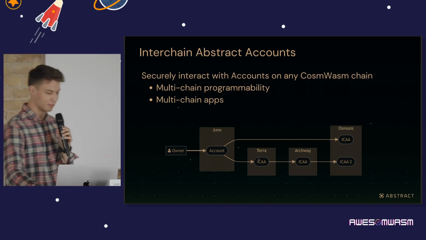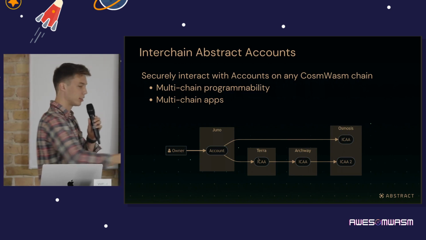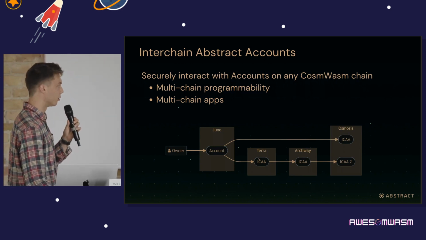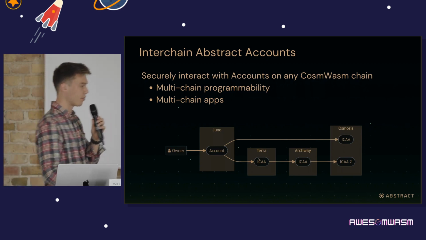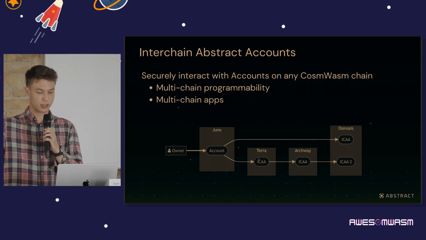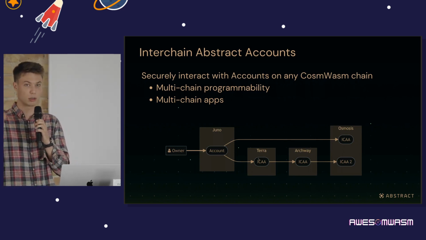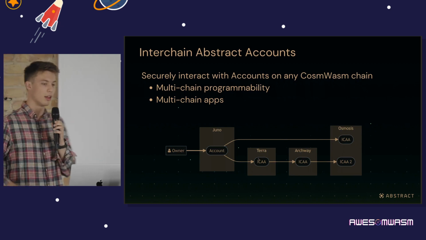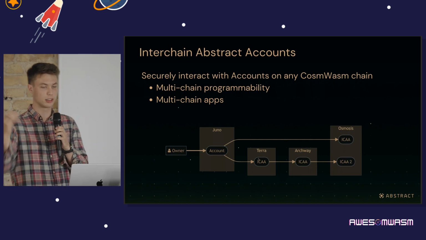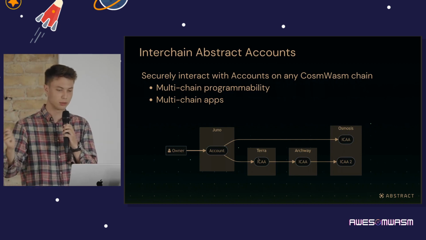The way this works is the owner just calls a local account saying, hey, I want to register an account on Terra. And then the account will route that through our infrastructure. It will create an interchain abstract account, which is essentially just the exact same contracts as a local account, but it's owned by what we call the IBC host, which is responsible for transporting the packets between the chains.